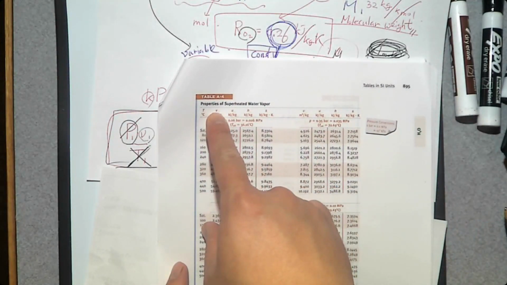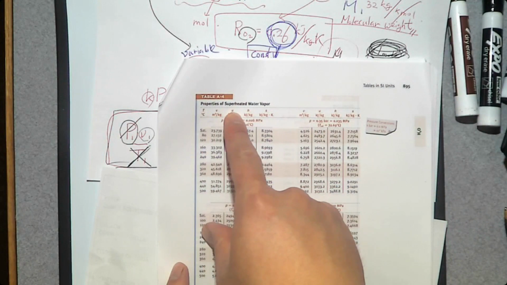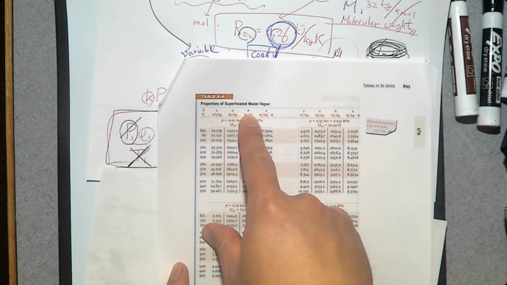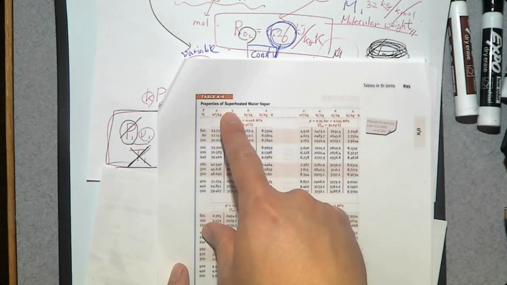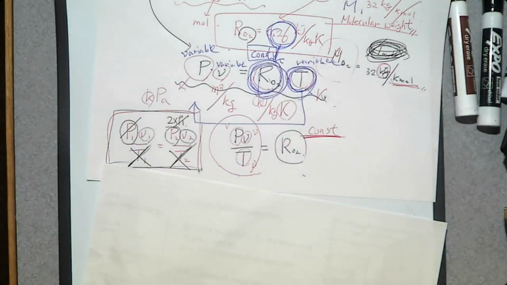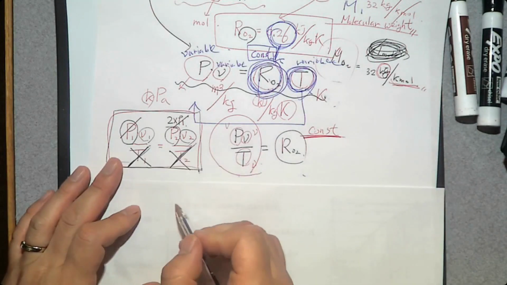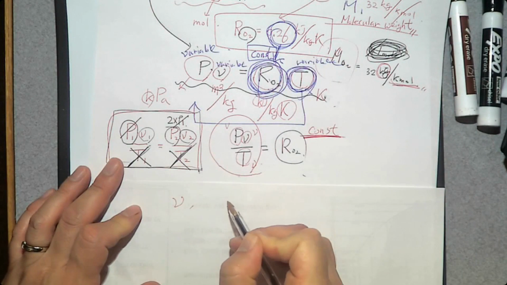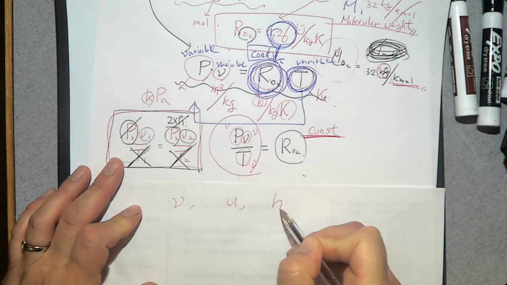Specific volume V, specific internal energy U, and specific enthalpy H. Those are the common properties that we want to determine.